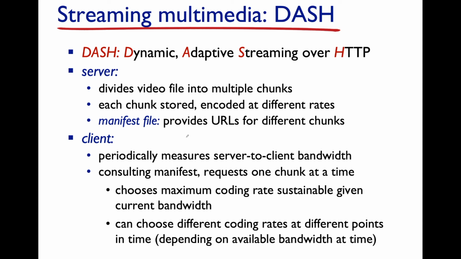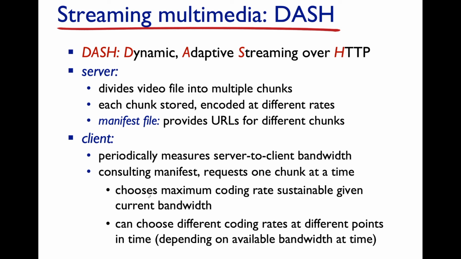And so now the client is where all of the intelligence or the load is implemented or taken on. The client, in your browser, periodically measures the server to client bandwidth. It measures how many bits it's getting per unit time, and based on this bandwidth, it looks inside the manifest, and it requests one of those URLs to get these chunks one at a time.